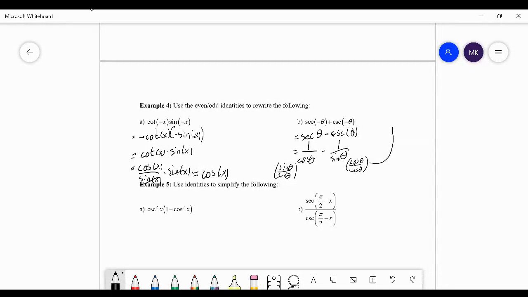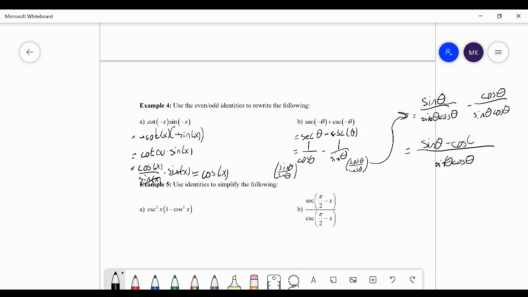What that gives me is the resulting expression, sine theta over sine theta cosine theta minus cosine theta over sine theta cosine theta. And this can just combine into a singular fraction. Since we have a common denominator now, our denominator stays the same, sine theta cosine theta, and in our numerator, we end up with sine theta minus cosine theta.